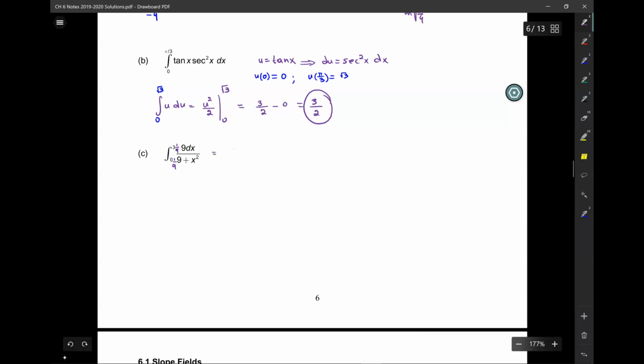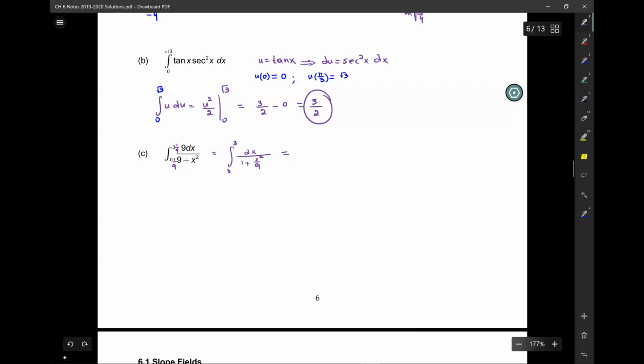So what you end with here is 0 to 3. In here you have dx, and in here you have 1 plus 1 over 9 x squared. Is that the same as x squared over 9? Oh, wait, I already have the dx there, sorry.